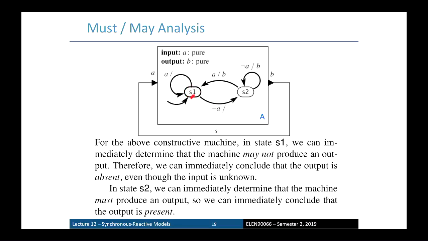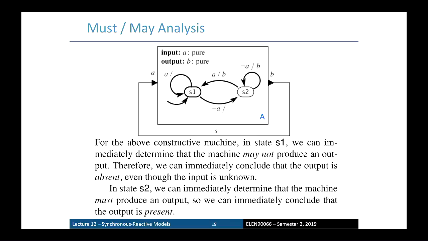Let's look at being in state S1. We want to find a fixed point for that state, and it's got to exist and it's got to be unique. So if we're at S1, we can immediately determine that there are only 2 transitions here, and for both of them, the output's absent.